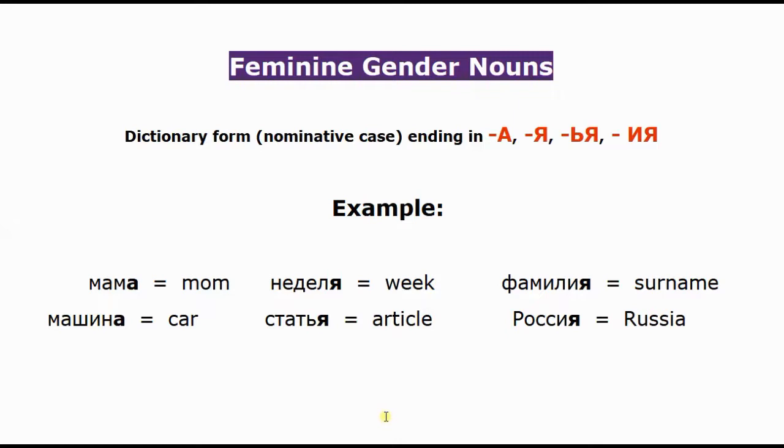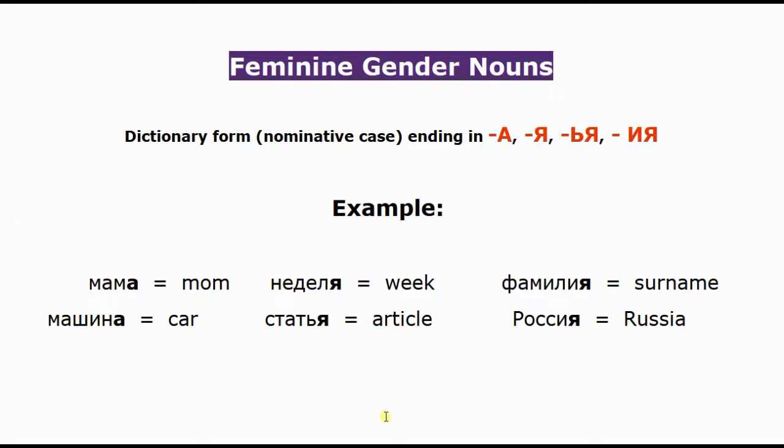So the only way for you to know for sure again is to consult the dictionary to make sure that you do not make any mistake when you are establishing the gender of the noun, because a lot of things are based on the noun when you build your Russian sentence.